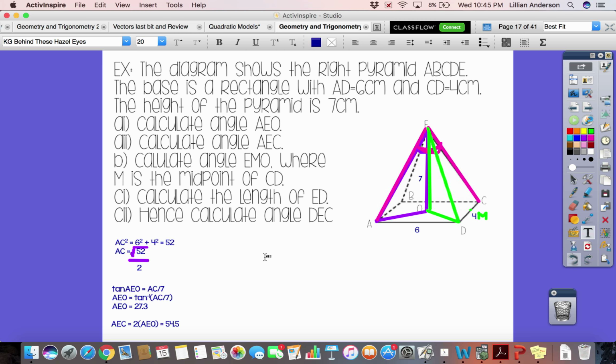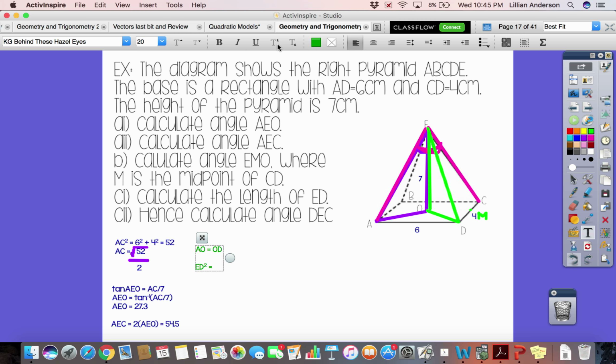So we get the same thing, the square root of 52. And OD is half of that length, so AO is equal to OD. Knowing that, we can use Pythagorean theorem to find the value of ED. ED is another hypotenuse.